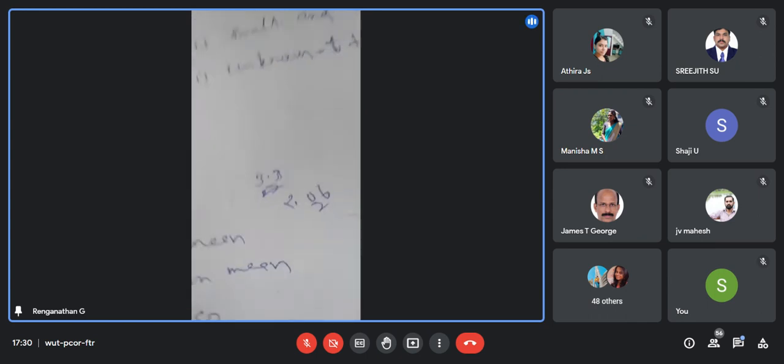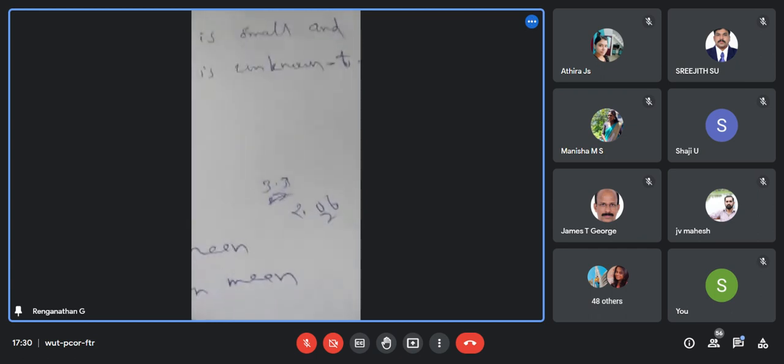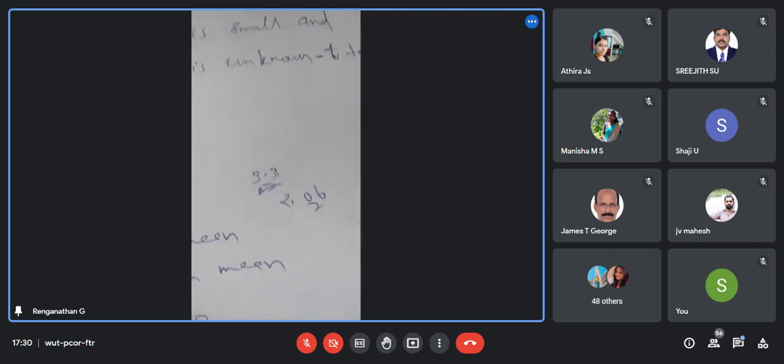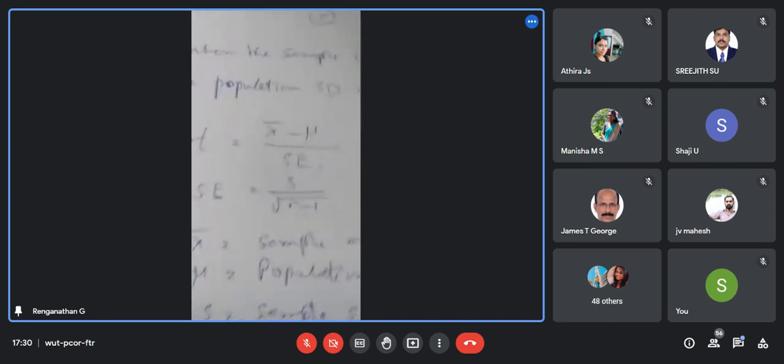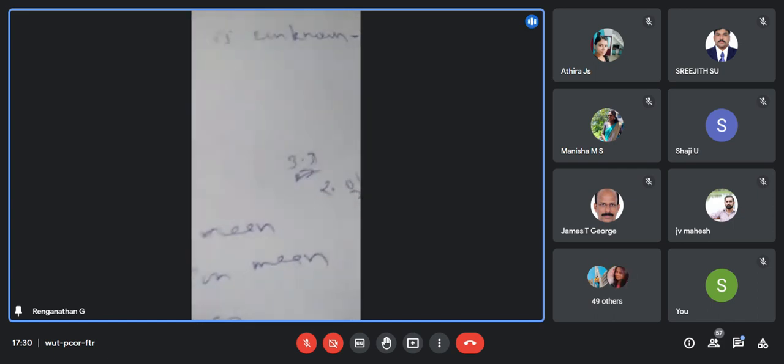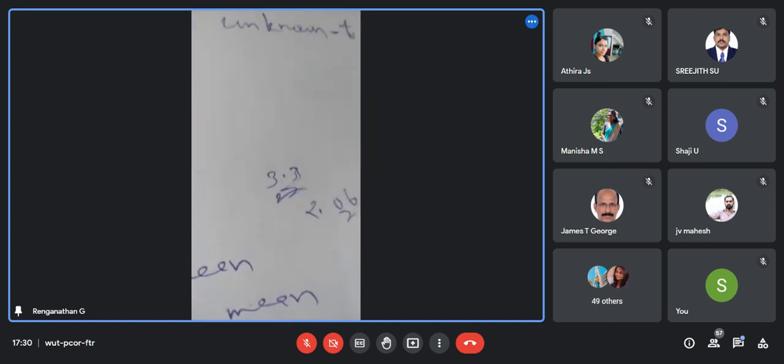Since the calculated value 3.3 is greater than the table value 2.06, the null hypothesis is rejected.